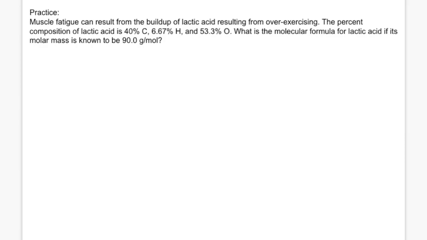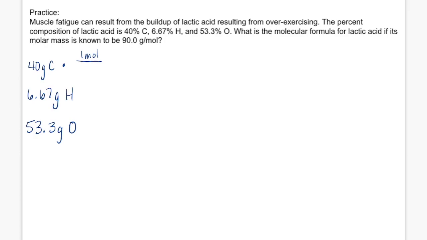When finding the empirical formula using the percentages, first we convert to grams: 40 grams of carbon, 6.67 grams of hydrogen, and 53.3 grams of oxygen. Then we convert to moles by multiplying by 1 mole over the atomic mass, which can be found on the periodic table.